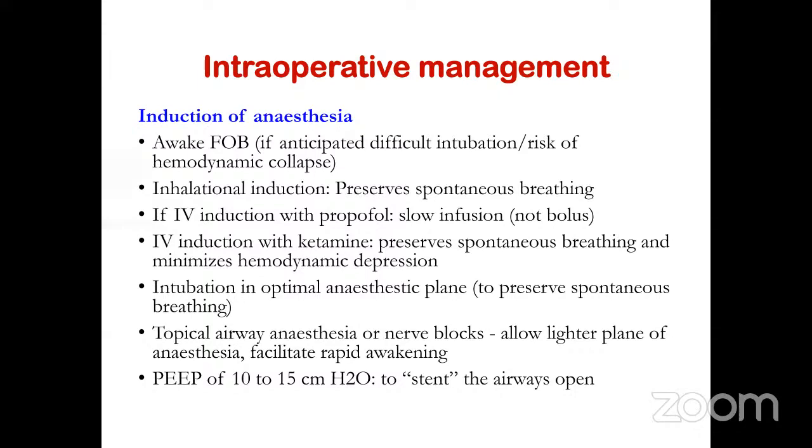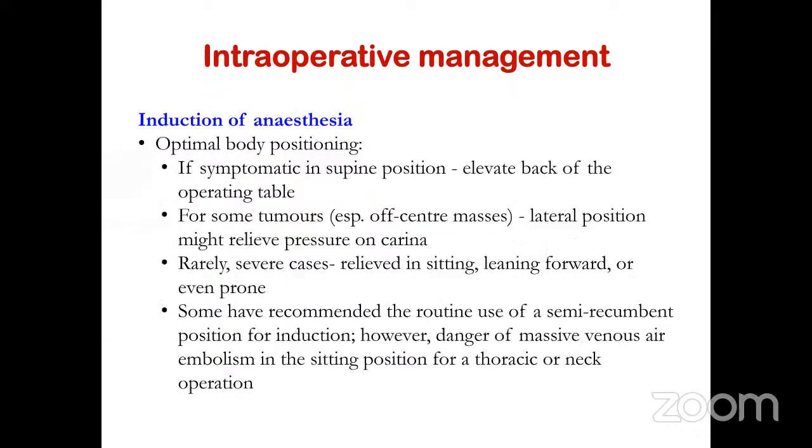For inhalation, you can use sevoflurane, which remains the best option. But yes, in case of any doubt, go for the awake fiber optic bronchial intubation because that gives you not only the assessment of the narrowing of the trachea, but you can also place your tube beyond those obstructions, and hence you can assess directly for these patients.